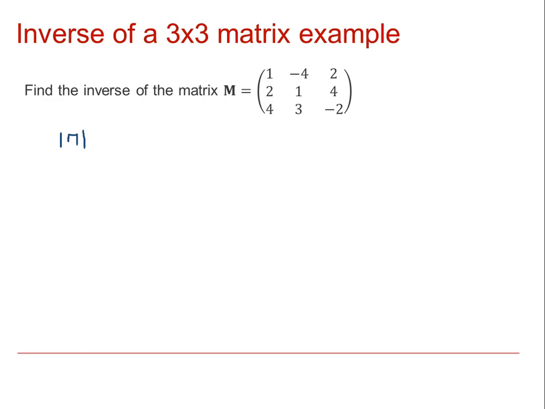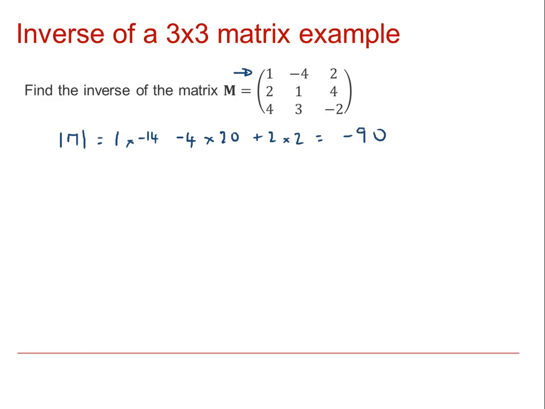The determinant I'm going to find by expanding by the first row. So remember, we're taking each element and multiplying by its cofactor. So 1 has a cofactor of -14, and then -4 multiplied by its cofactor, which is 20, and 2 multiplied by its cofactor, which is 2. If you calculate that, you get -90.